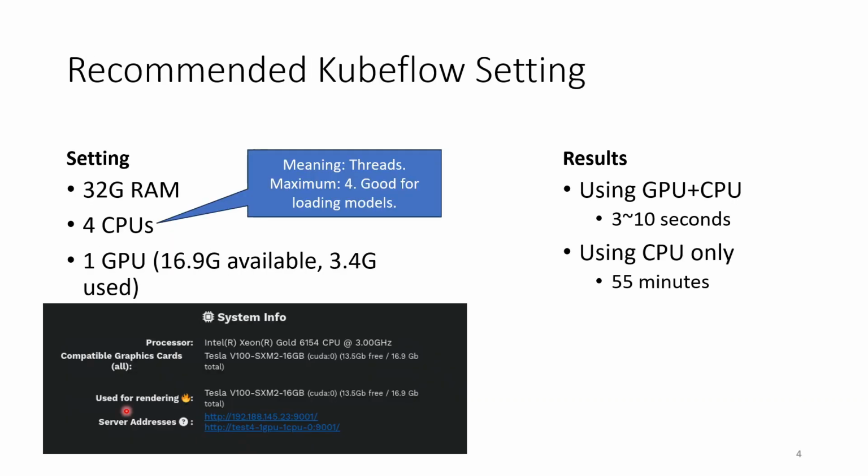Then I recommend you use this setting: my account uses 32 gigabytes of memory and 4 CPUs. In fact, CPU here means threads, because on a Linux machine 1 CPU just means 1 thread, and just 1 GPU is enough.